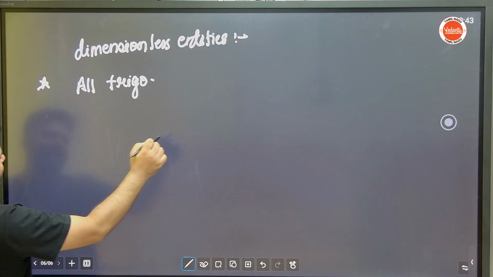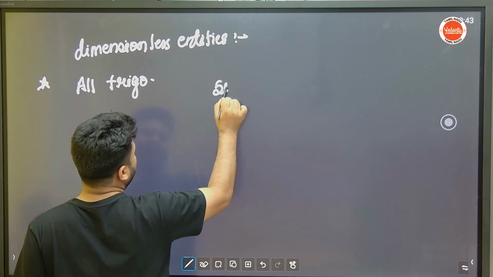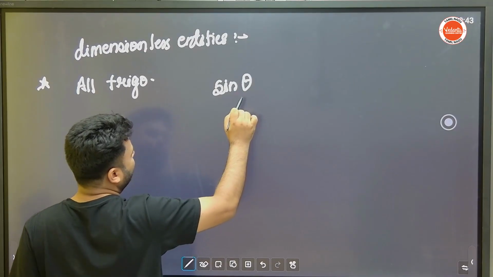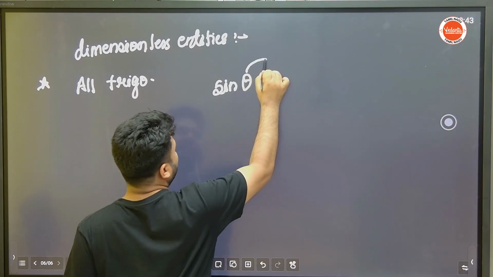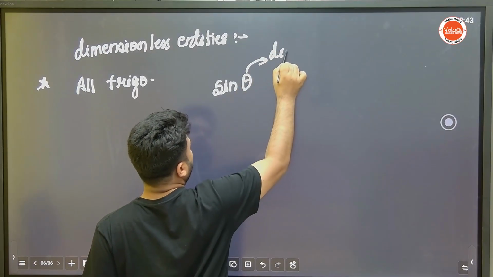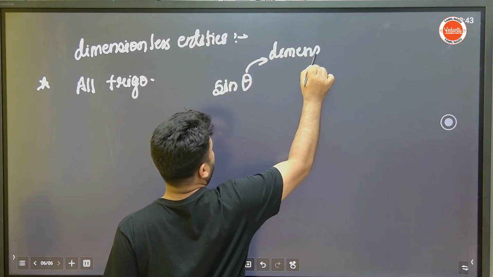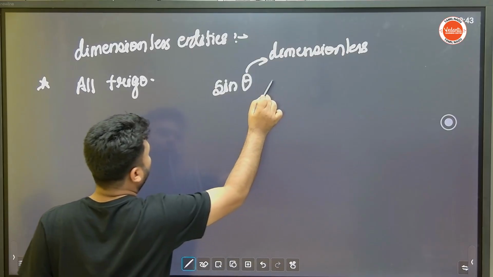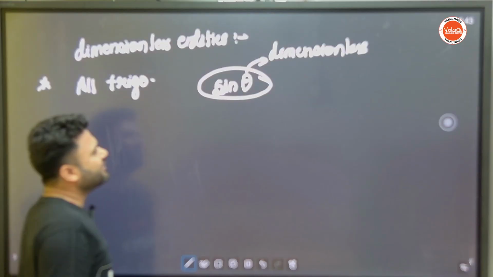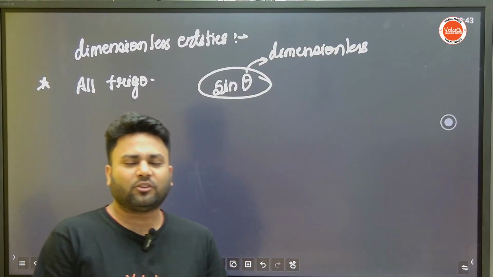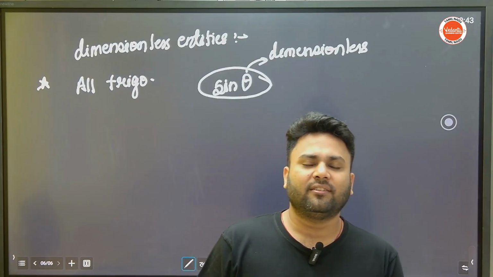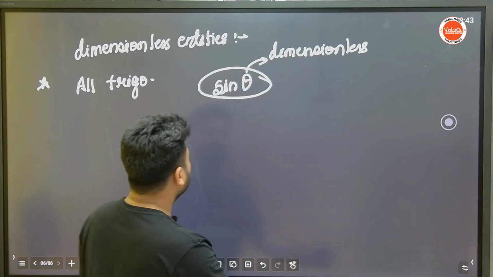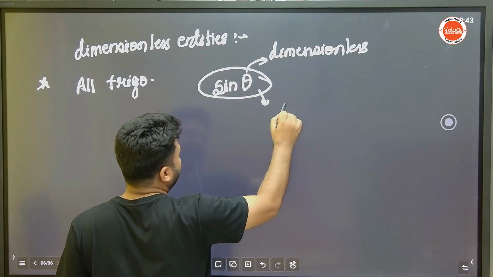So you have to understand, if they give sine of anything, sine of angle theta, just now we saw that this angle is also dimensionless. And whatever value we get for sine theta, because sine theta will give one value, like 1, 0, 1 by root 2, this whole quantity will also be dimensionless.